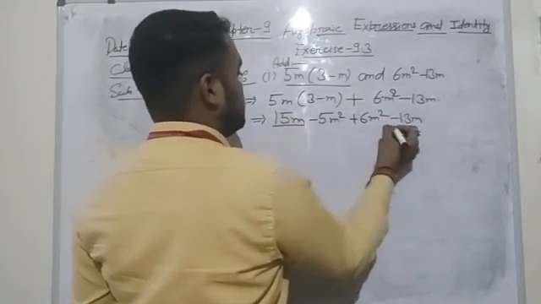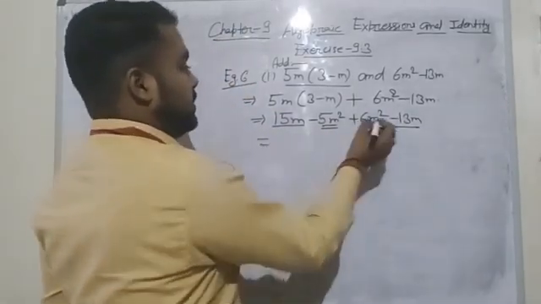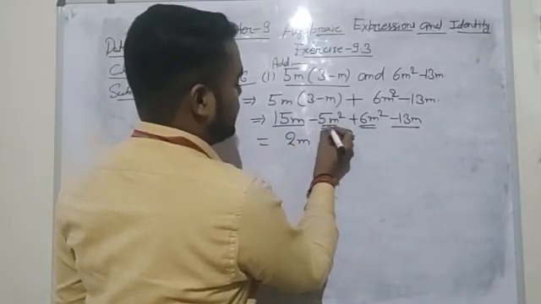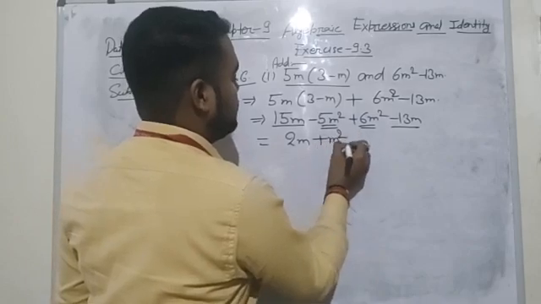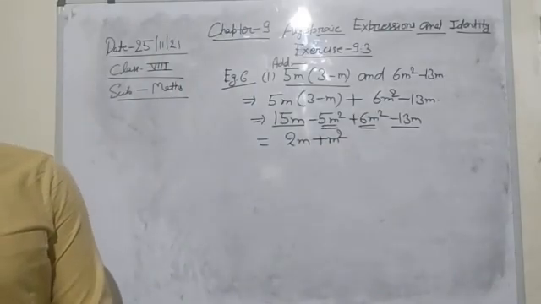So here are the like terms. 15a minus 13a gives 2a, and minus 5a² plus 6a², that is a². So 2a plus a² is the answer of the question.